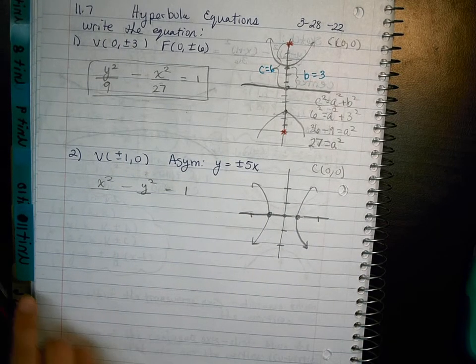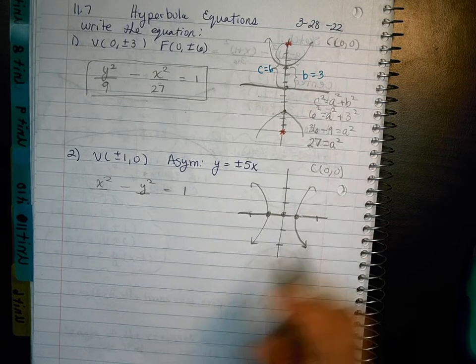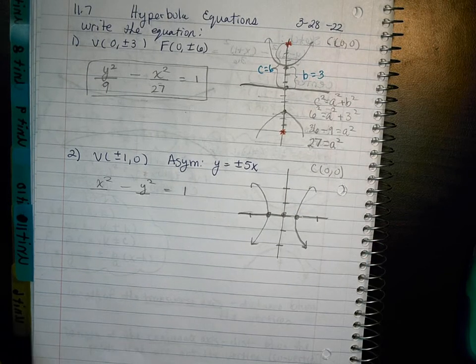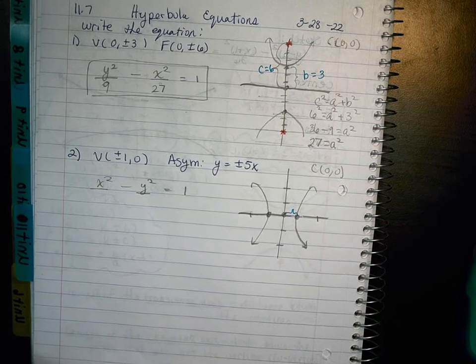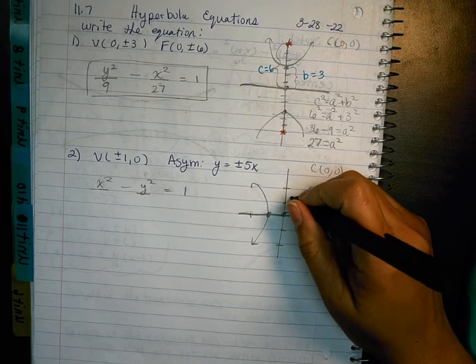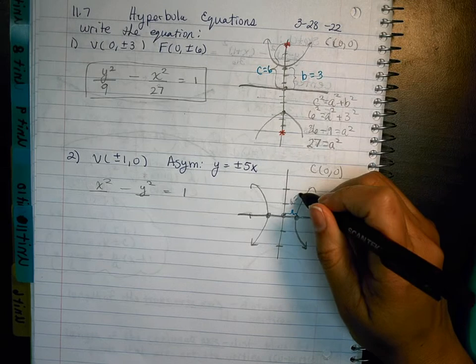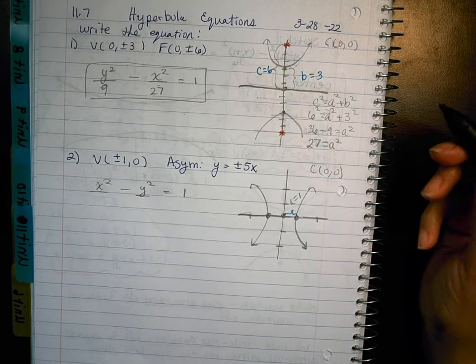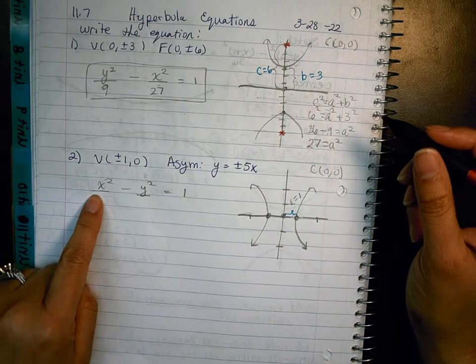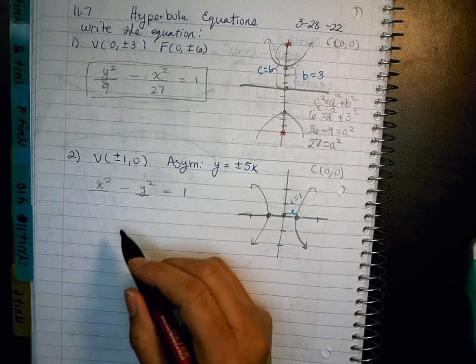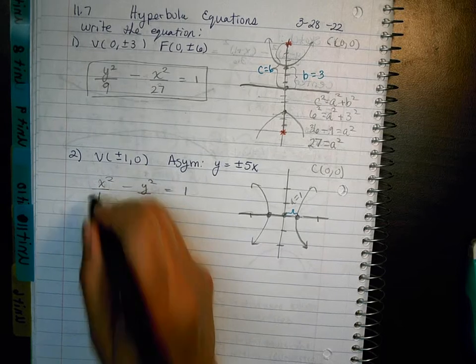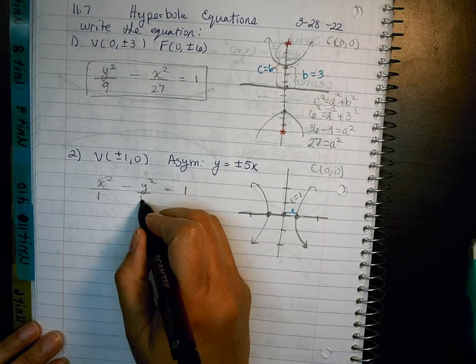Okay, the center you guys said was 0, 0, and I know that this value here is A or B. Right and left is A, and what does A equal? 1. 1 squared is 1. Would I put it under the x or the y for right and left? So 1. So B squared is what I'm looking for.